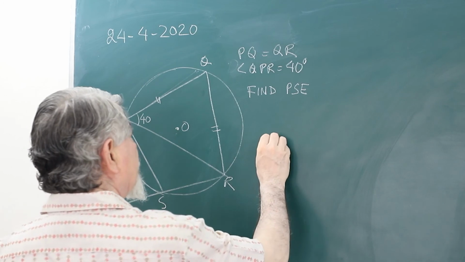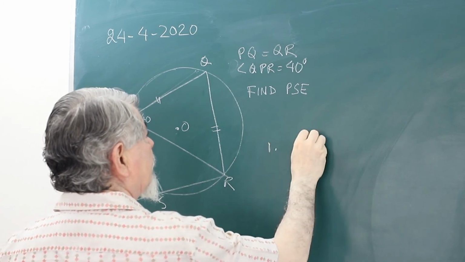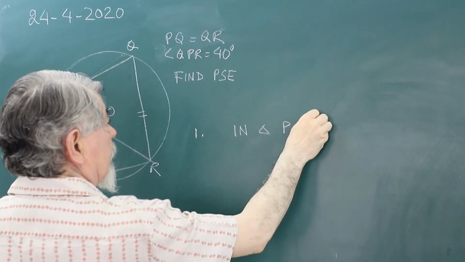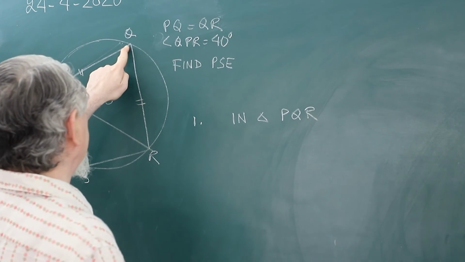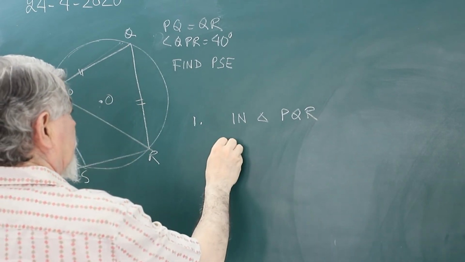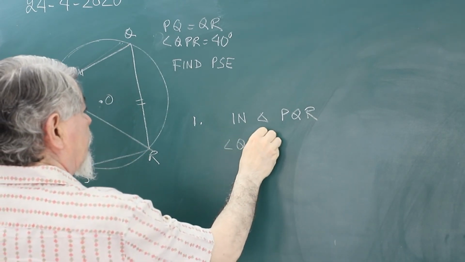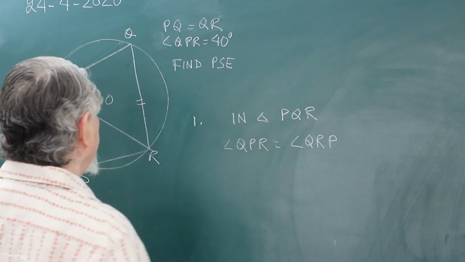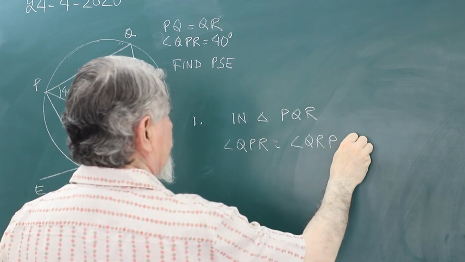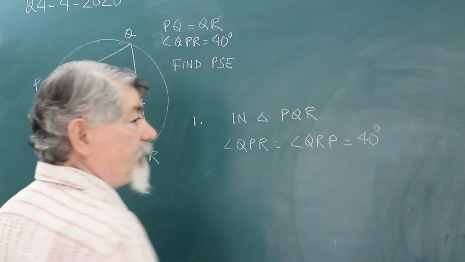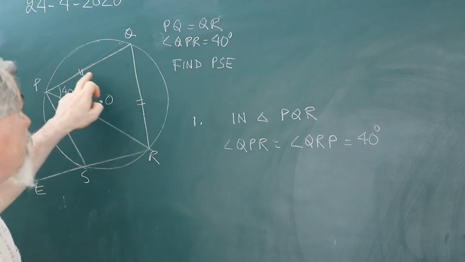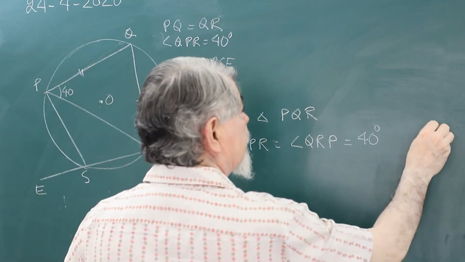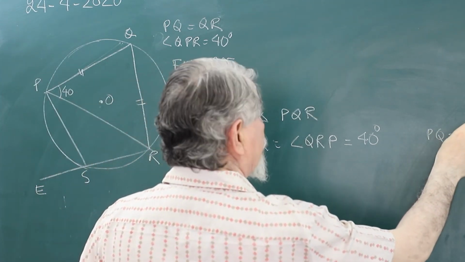So the first thing I will say is that in triangle PQR, angle QPR is equal to angle QRP, which will be 40 degrees. Why? Because if two sides of a triangle are equal, then the angles opposite to them are equal. The reason is PQ is equal to QR.